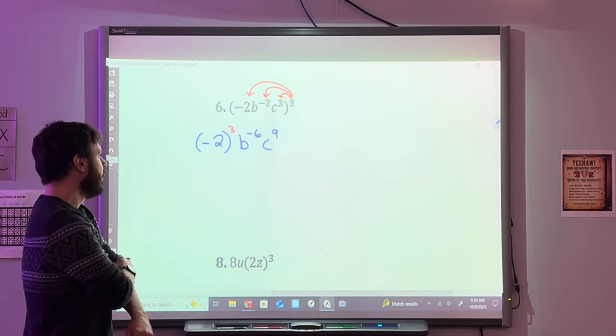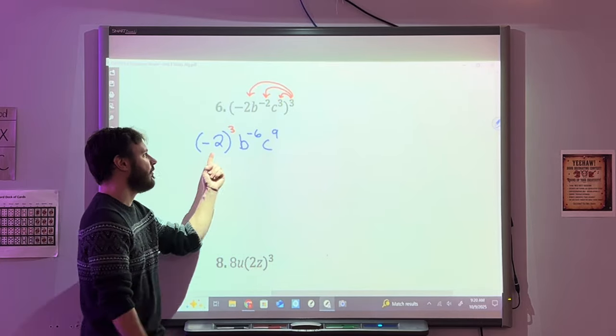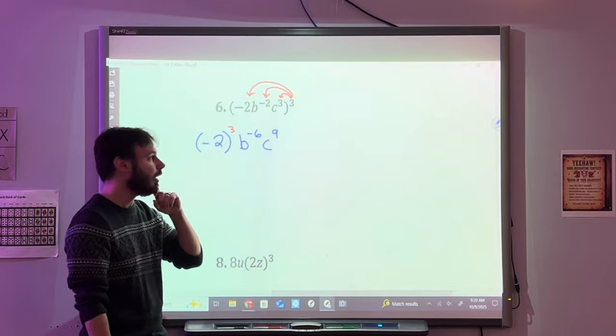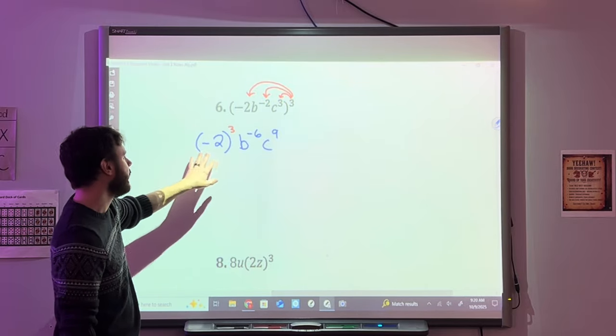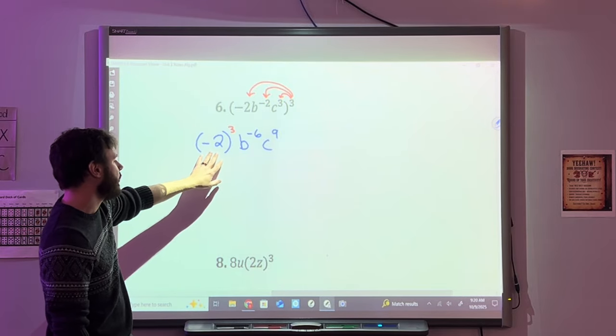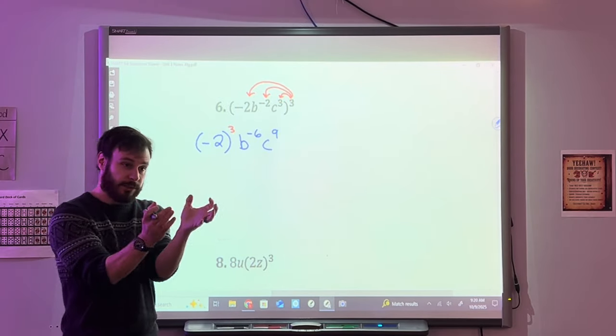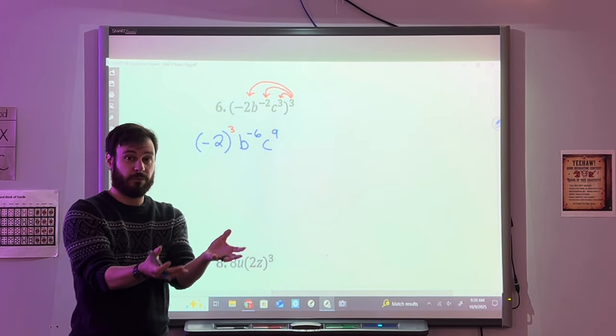Okay. So now we need to identify this number. This is the last part of the problem. B and C are done. Well, B's not done, but for right now it is. I'm going to figure out this. When I cube something, I'm taking exactly it and multiplying it by itself 3 times.